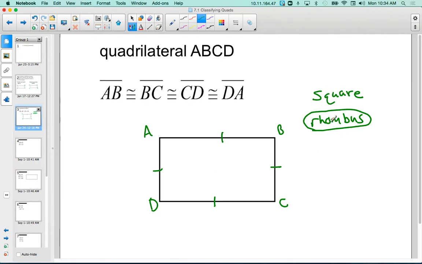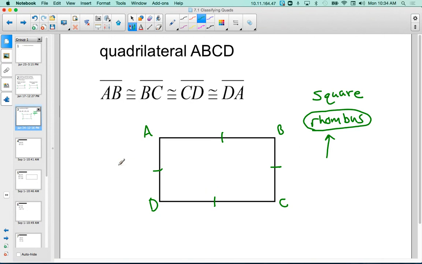Well, a square is a rhombus, so it kind of fits inside this circle. But I don't know that it's going to be a square. Even if I draw it to look like a square, I'm not given the facts to prove that it's a square. So the best answer for this one is going to be rhombus. Okay? It's because we don't have enough information to guarantee that we're drawing a square. All right? So rhombus is the correct answer.